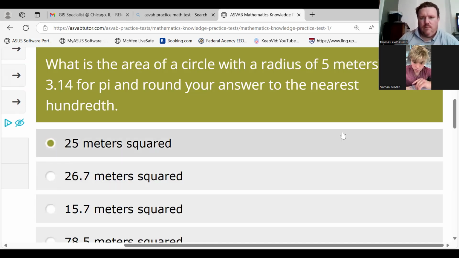What is the area of a circle with a radius of 5 meters? Use pi.